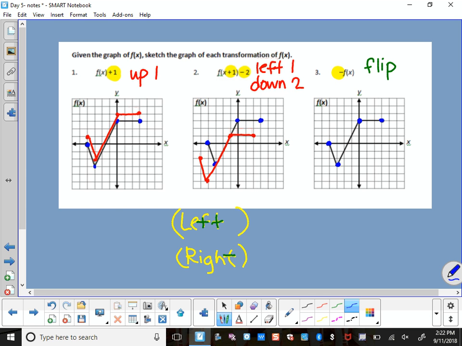When I reflect or I flip, all that means is that it's the opposite. Like a reflection is basically what you see is the opposite. We are starting at my x-axis. The opposite of this first point stays there because it's already on the axis. If you were to flip that, it's still there.